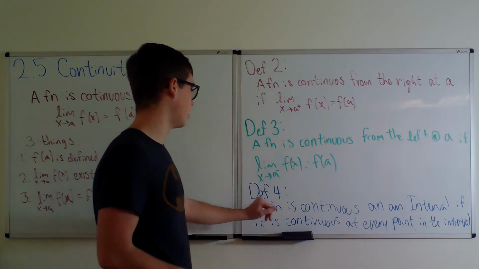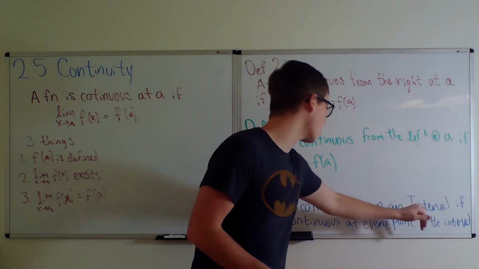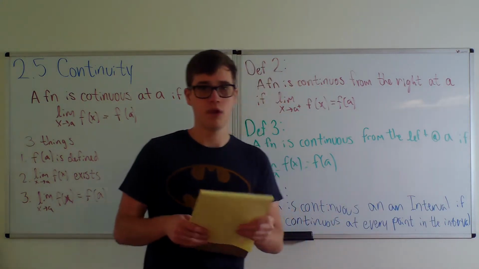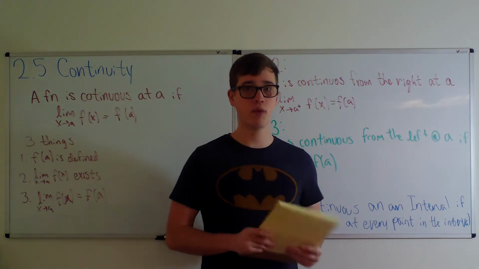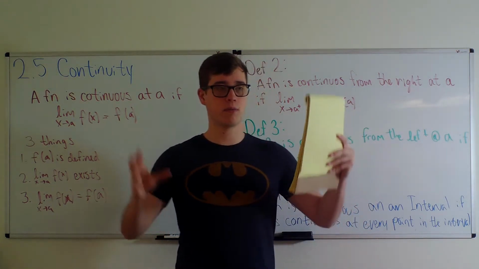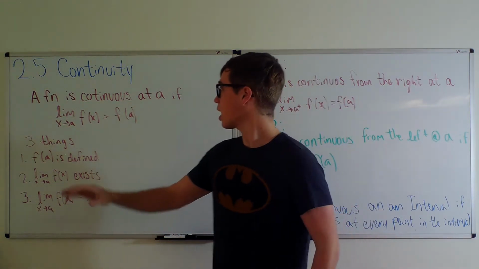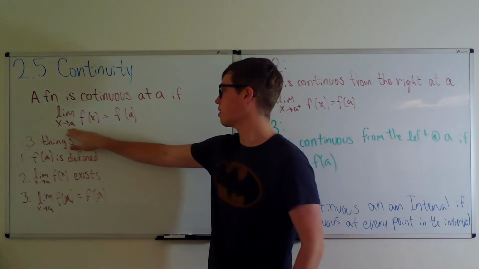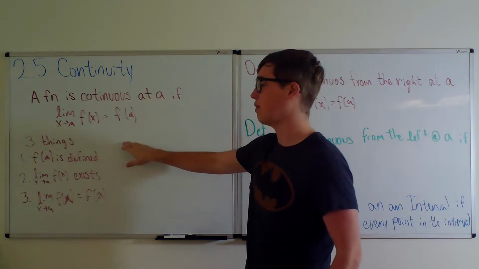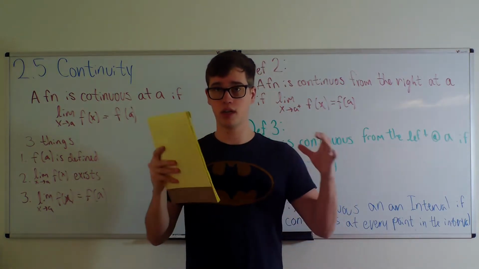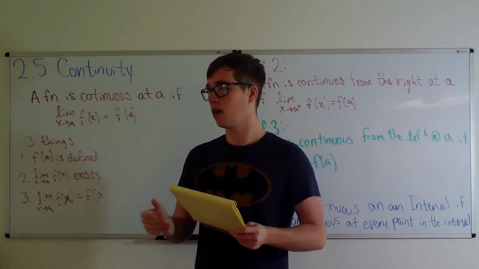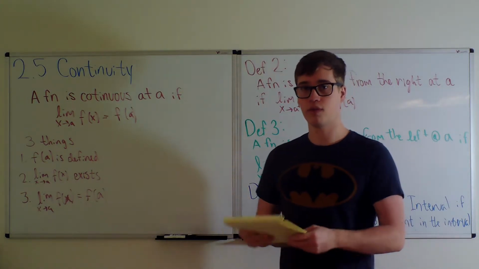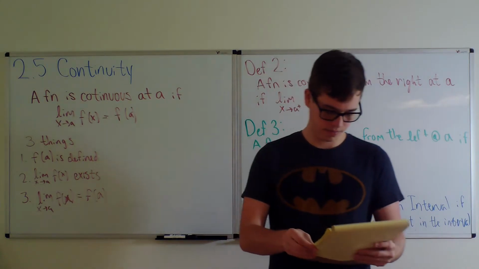So, definition 4. A function is continuous on an interval if it is continuous at every point in the interval. So, for every single point on your interval from c to d, if the limit as x approaches a of f of x is equal to f of a holds for every one of them, then it is a continuous function on that interval.